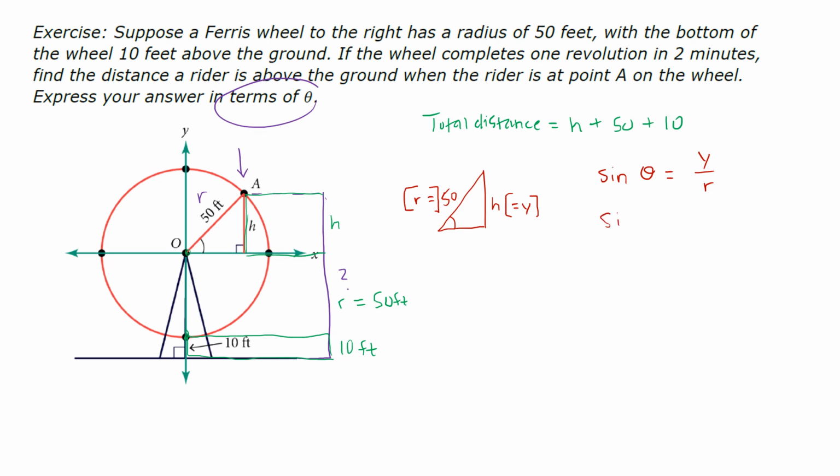And I know sine of theta, according to this problem, is going to be h over 50. I'm trying to find h. To get h by itself, I have to multiply both sides by 50. So h equals 50 sine of theta. So I have written h in terms of theta.